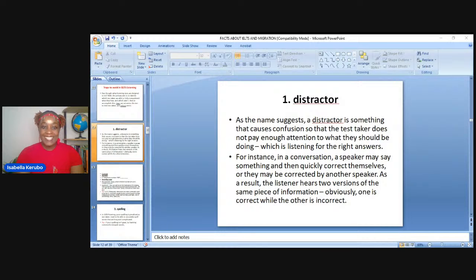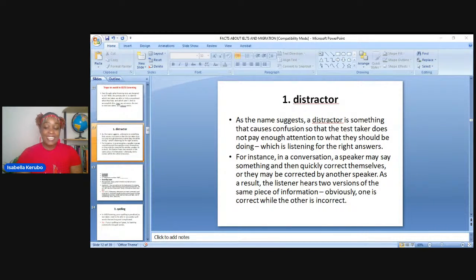So this is an example of what you would hear in a listening audio, people correcting themselves. In most cases, especially in the first section of the listening test, this is where most distractors happen, and it has to do with telephone numbers, credit card numbers, post codes, the cost of something, the time.